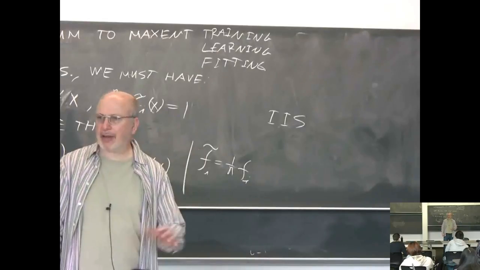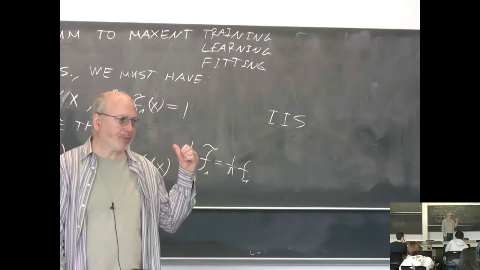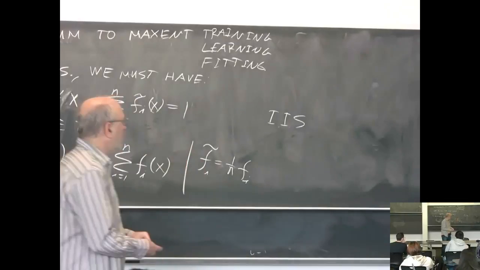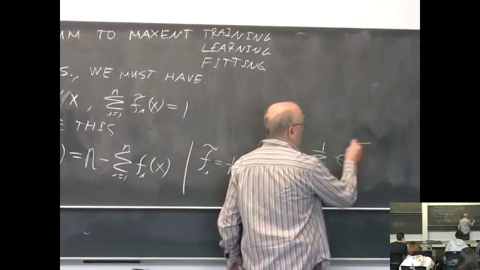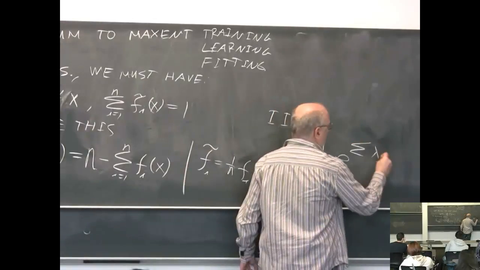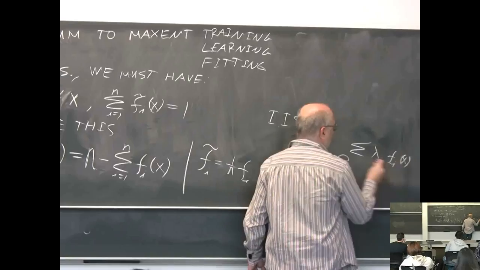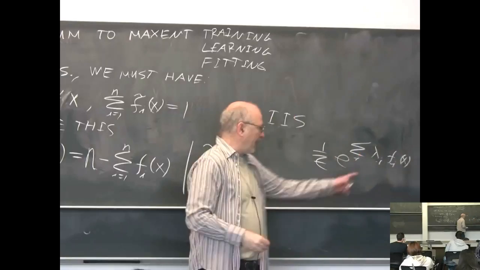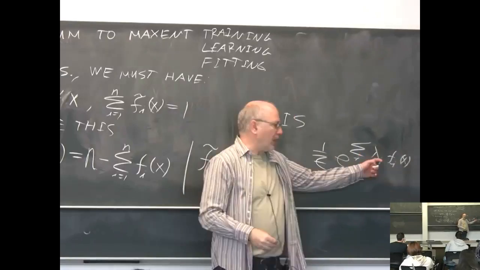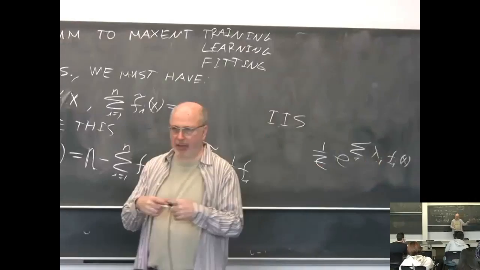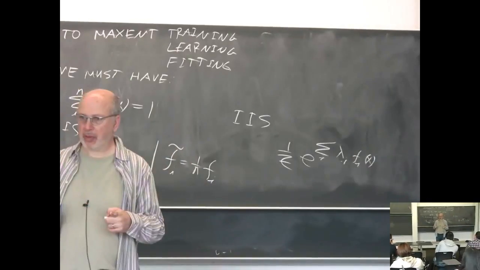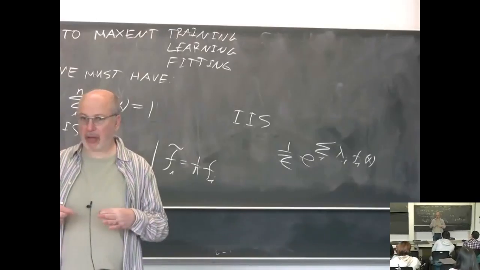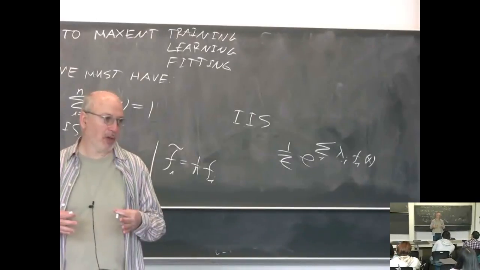The same kind of flavor exists in these iterative procedures. If you remember that the model consists of 1 over z e to the negative sum of the lambda_i f_i, the lambdas are the parameters. You can calculate the required change in each one of the parameters and then make a change in all of them together. That would be the batch version.